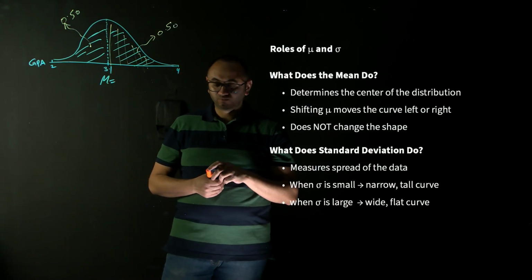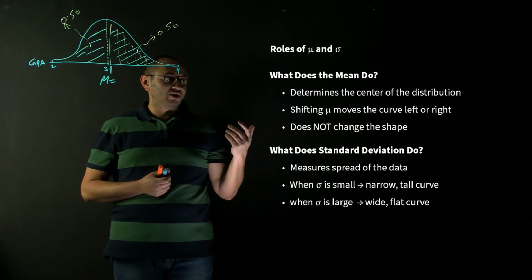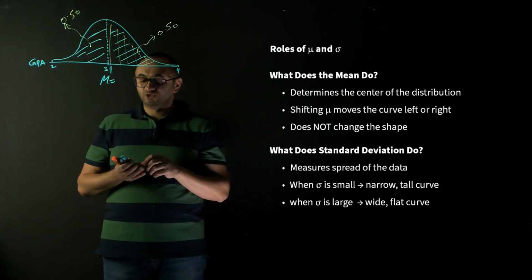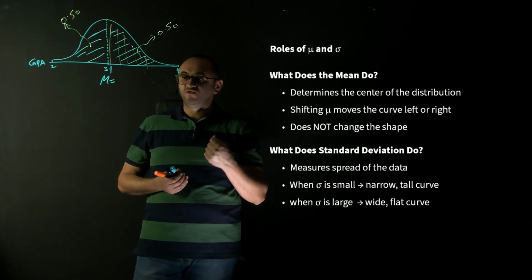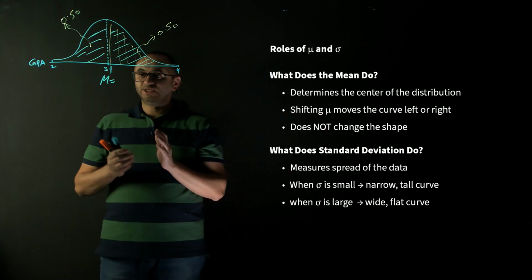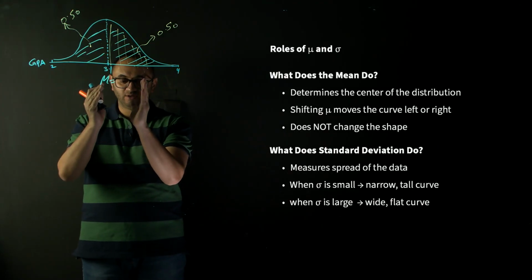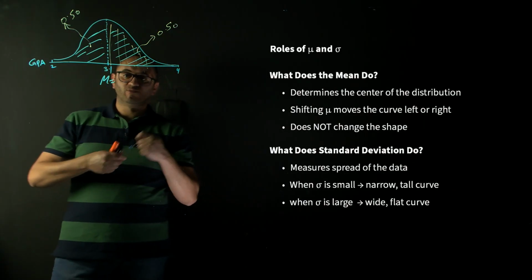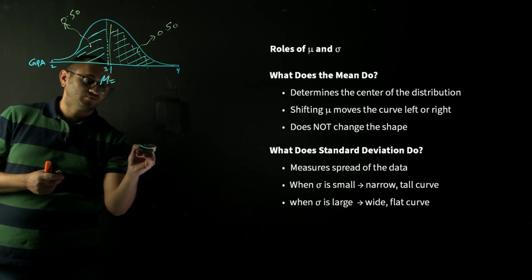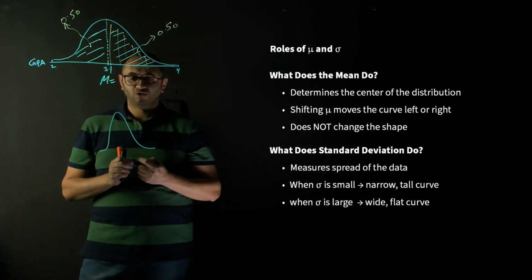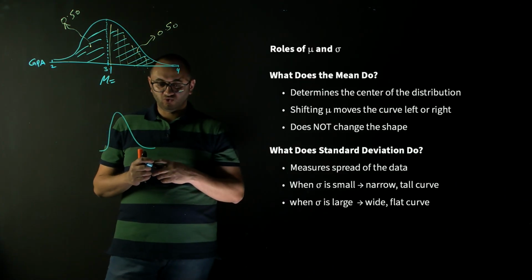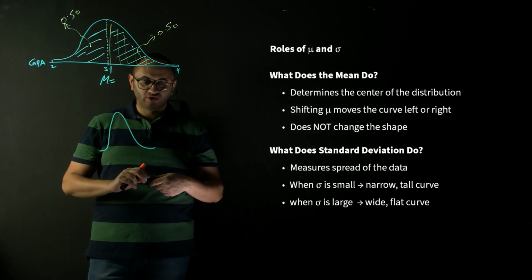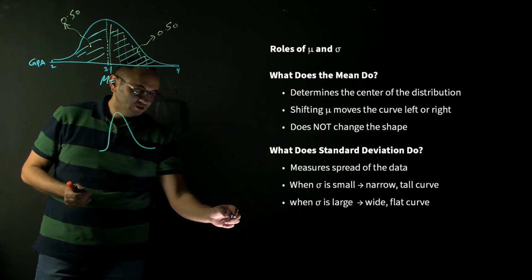However, sigma describes the spread of the data, right? The standard deviation measures the spread. For example, when the standard deviation or sigma is small, we have less spread, so we expect a narrow and tall curve, something like this. However, when sigma is large, we have more spread, which means something like this.